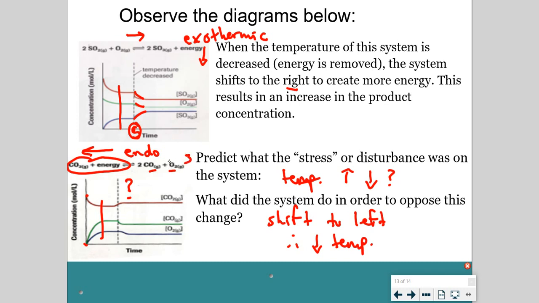You have 3 moles here. You have only 1 mole here. So a shift to the left would have meant an increase in pressure. So you could have also said an increase in pressure if I didn't restrict you to choosing between temperature change being up or down. But an increase in pressure could have also caused that response to this stress.